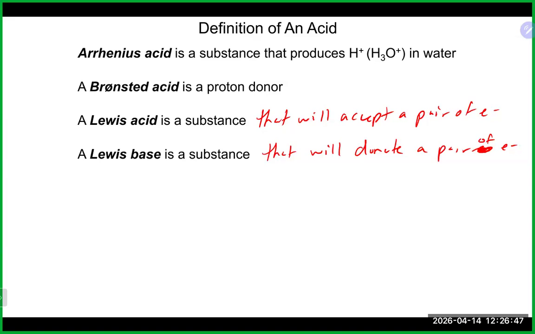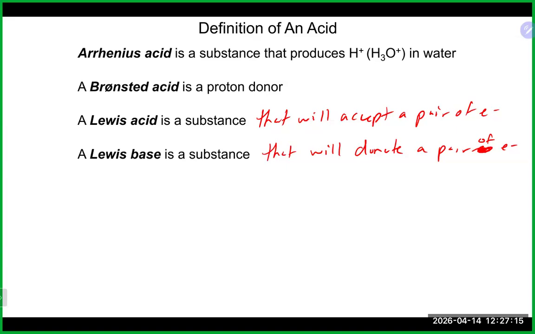When we're talking about a Lewis acid and a Lewis base, we're talking about electrons being donated and accepted. What are good things that can accept electrons? Things that are electron deficient. And what things are normally electron deficient? Maybe a metal that has a positive charge, right? Because the only way you become positively charged is to lose electrons, which means you have fewer electrons than you started with.